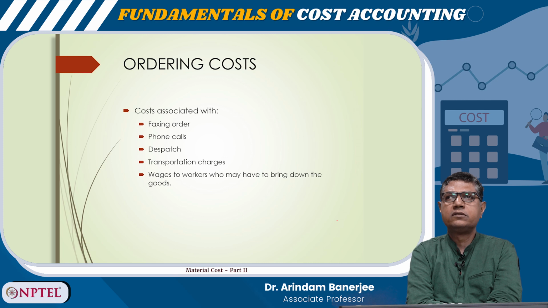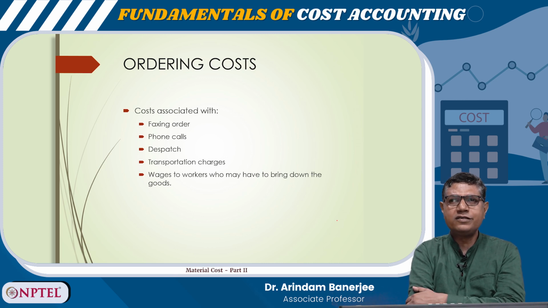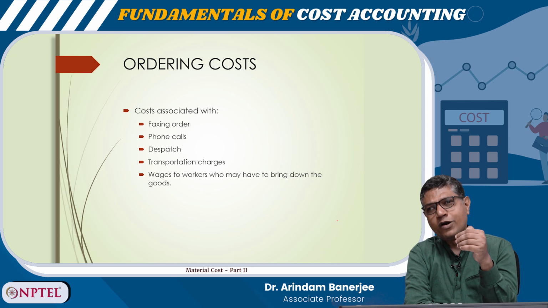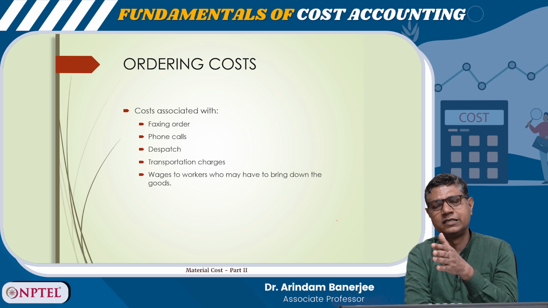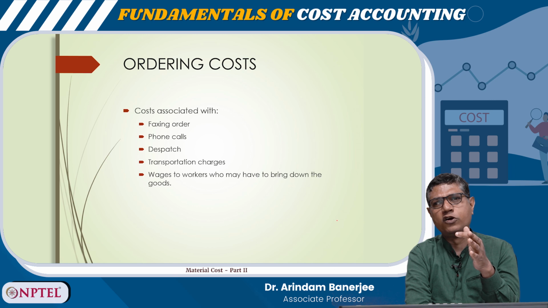Ordering costs, what is ordering cost? When an order is placed, it goes through a certain process. The store issues a requisition, then the purchase department floats a tender, collects quotations, and based on the best quotation they issue the purchase order.